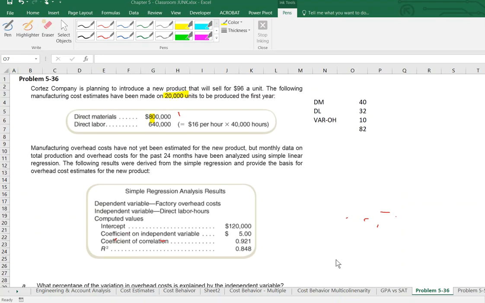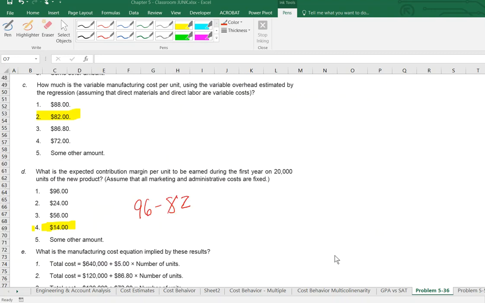Next question wants to know our contribution margin. We're selling our product for $96 per unit. We had variable cost of $82 per unit. And I don't see anything mentioned regarding selling costs. So our contribution margin is 14, which is the 96 selling price minus the 82.